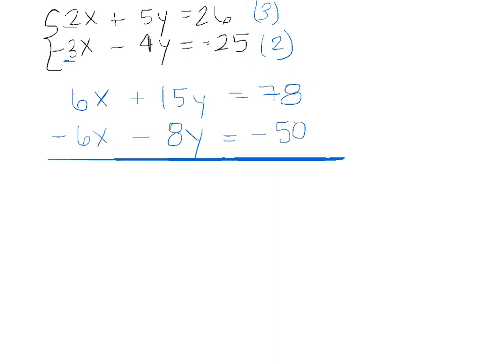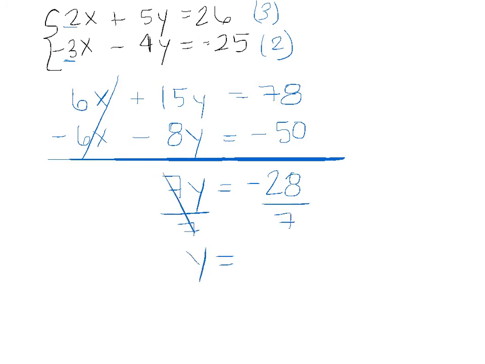Now let's add these together. Those cancel. 15 minus 8 is 7y. And that's negative 28. Divide by 7. And y equals negative 4.